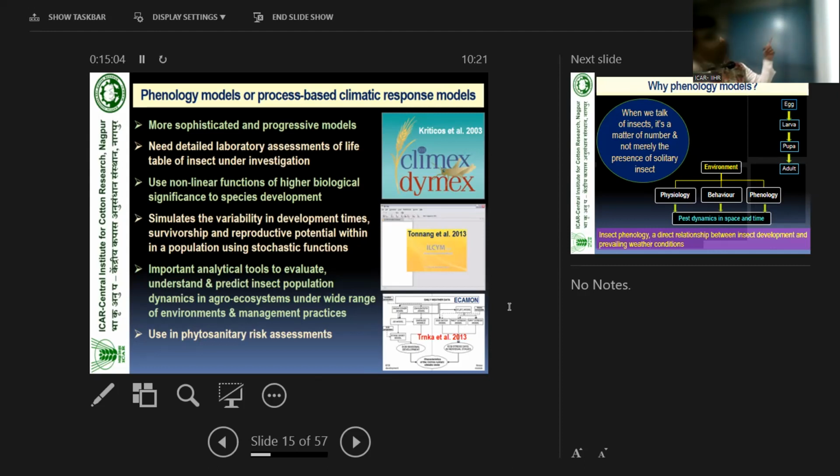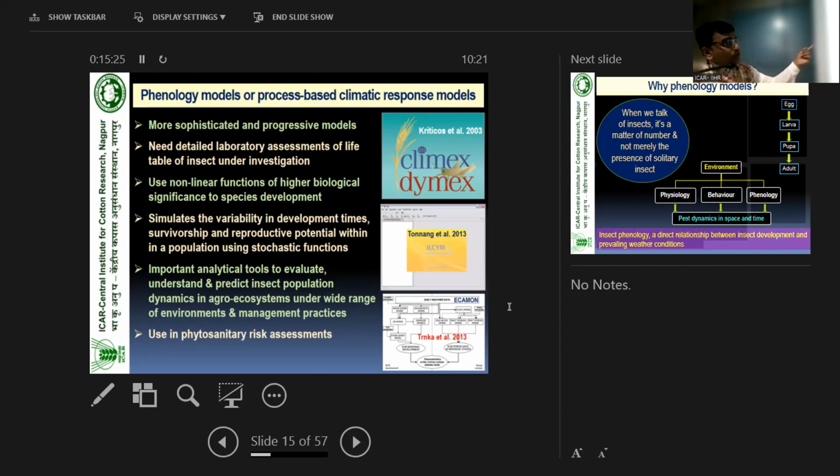They simulate the variability in development time of individuals, the survivorship in each cohort, and the reproductive potential within the population using stochastic statistical functions. Simulation modeling has stochastic mathematical equations for real-time simulation of the pest population.